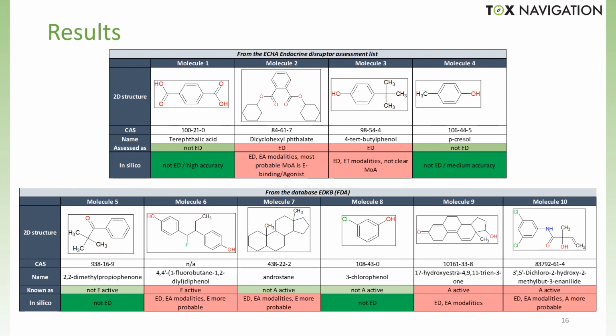But all the others have been predicted as activating somehow, with different modalities, the endocrine system.